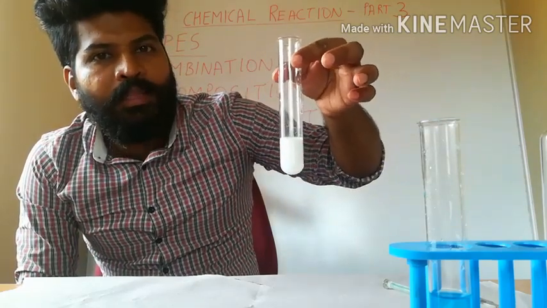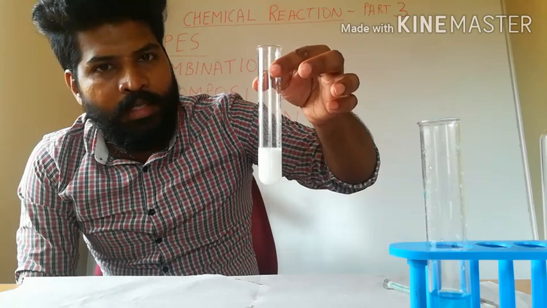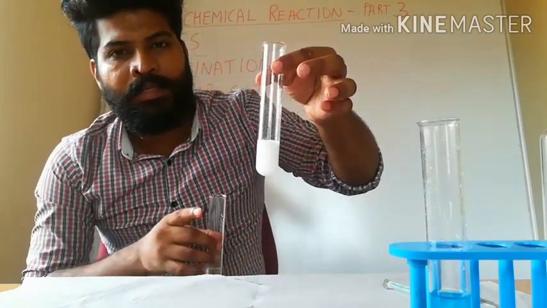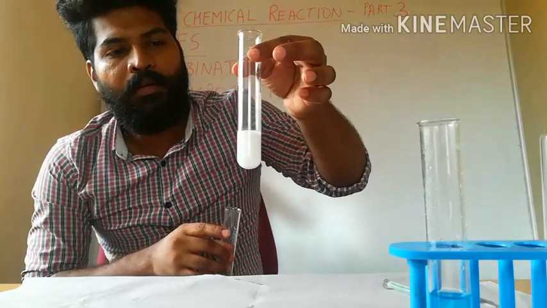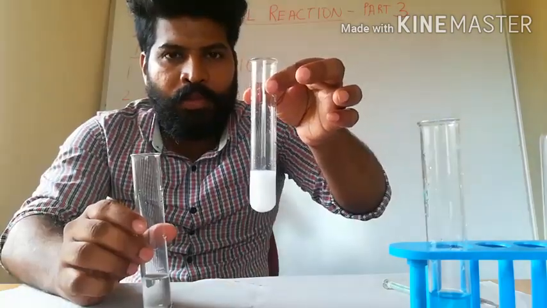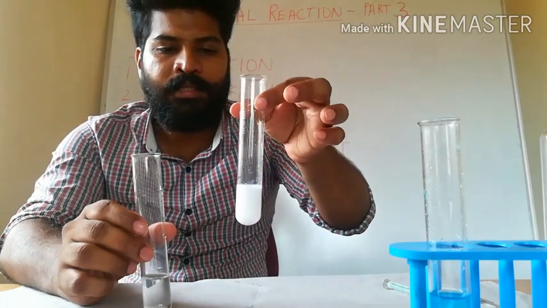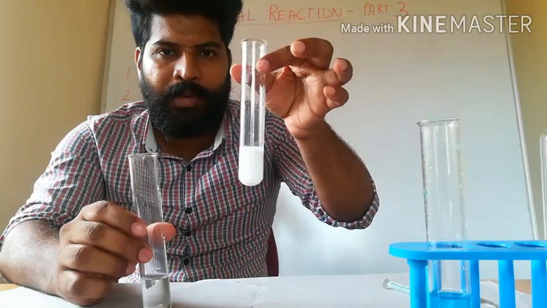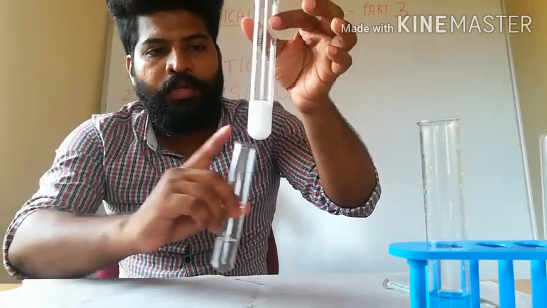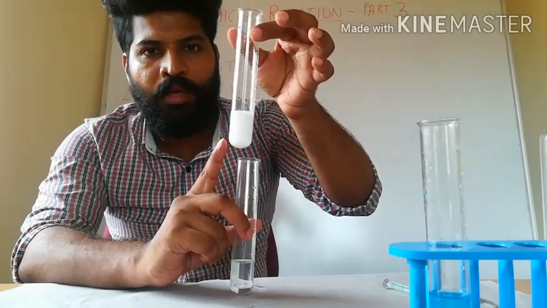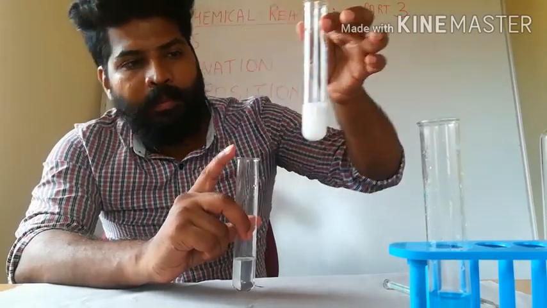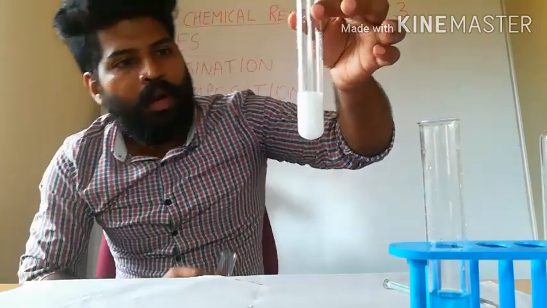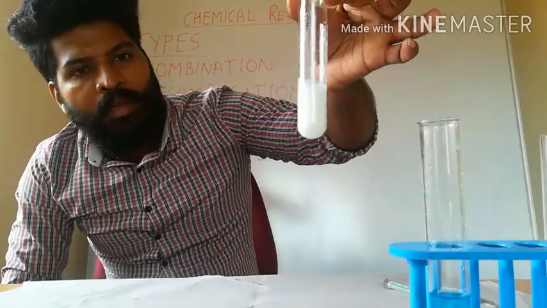It is insoluble in the solution. It does not dissolve, therefore it comes out. This precipitate is nothing but your barium sulfate. Here the ions of both the reactants got exchanged and in turn we got barium sulfate precipitate and sodium chloride also as a product, which is dissolved here. The barium sulfate is not dissolved, therefore it will come out. Let me see, we add a little more and you can see more of the product being formed.